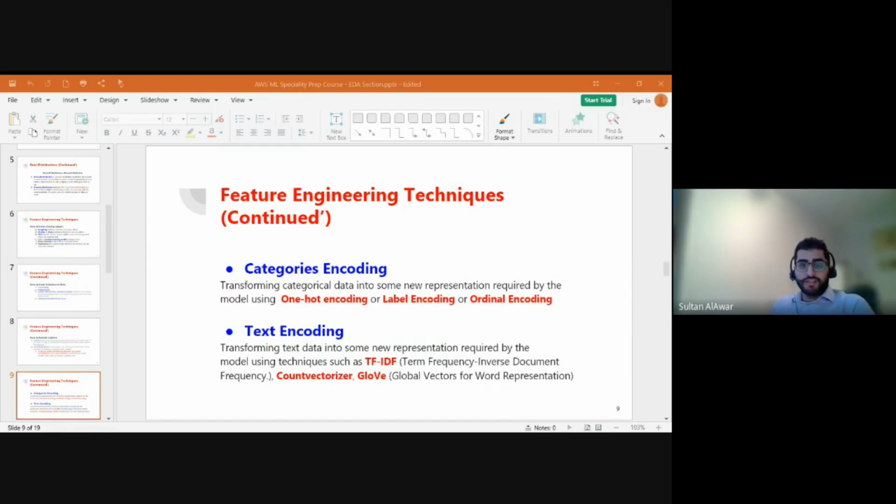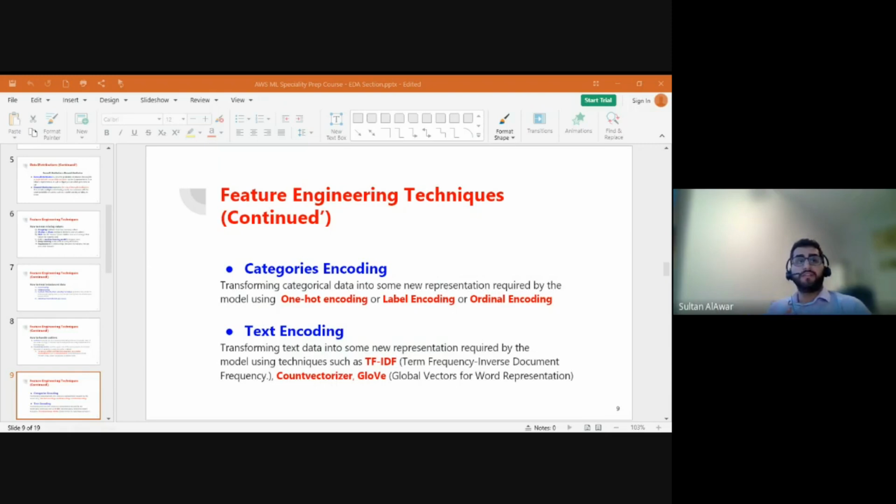Next, in the feature engineering topic, we're going to talk about how to treat categorical and text data. ML algorithms expect the data in proper format, and this format entails having the data in a numeric representation, or creating numeric embeddings for the data. If we have data where one of the columns relates to different classes, and these classes could be high, medium, low, I need to think of a strategy to convert this category, which is high, medium, low, into numeric.